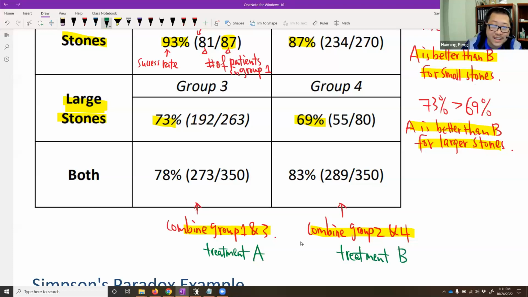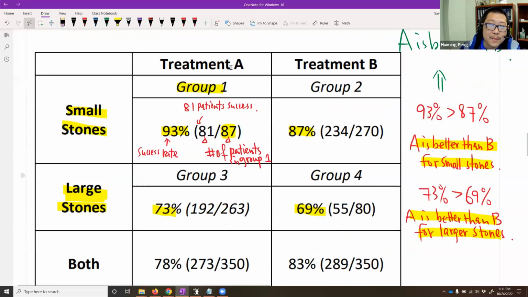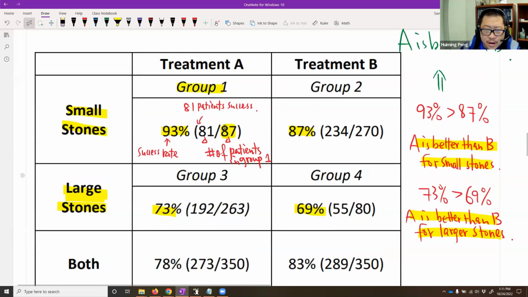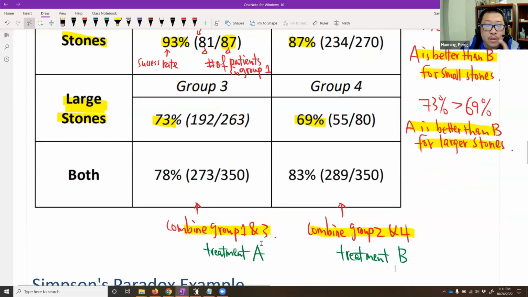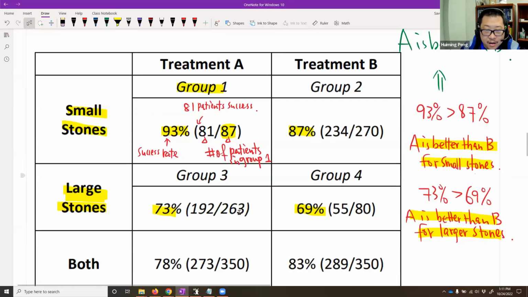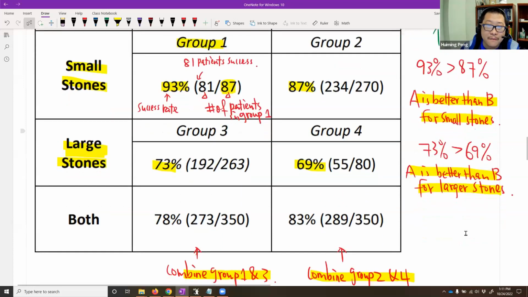I just look at it. How many patients use treatment A? How many patients use treatment B? This is the calculation, so you need to know how to do it by yourself. How many total patients used A? This is 87, plus the 263 here, so I add them together.